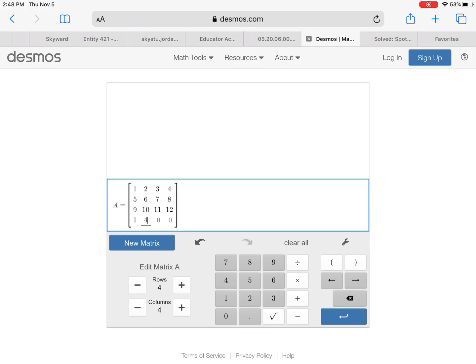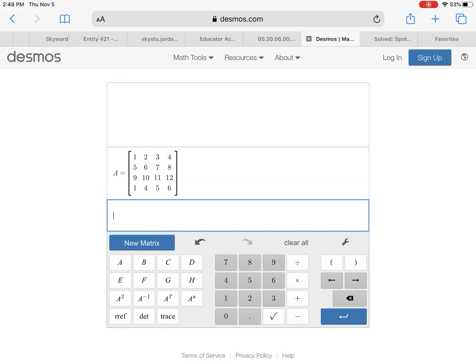The numbers themselves don't really matter. 4. Okay. Hit enter. Then from here, you could figure out the inverse of it by going A inverse.